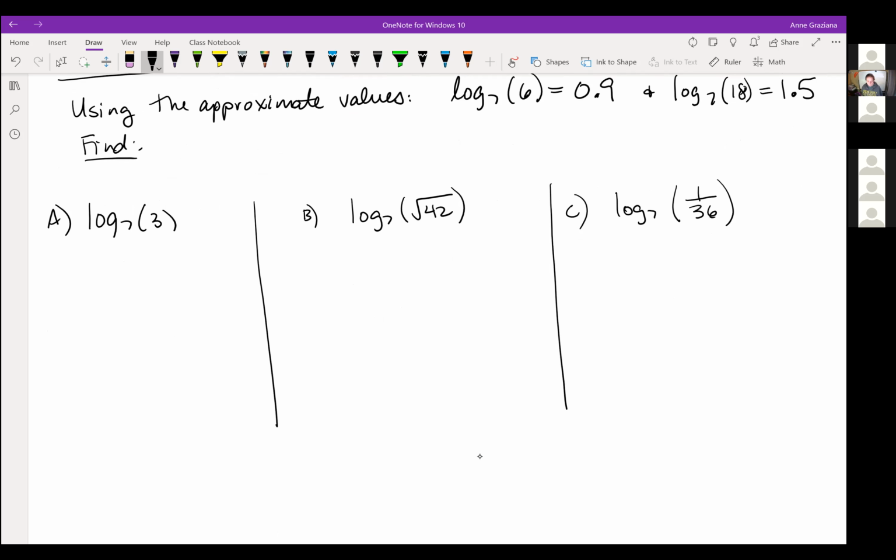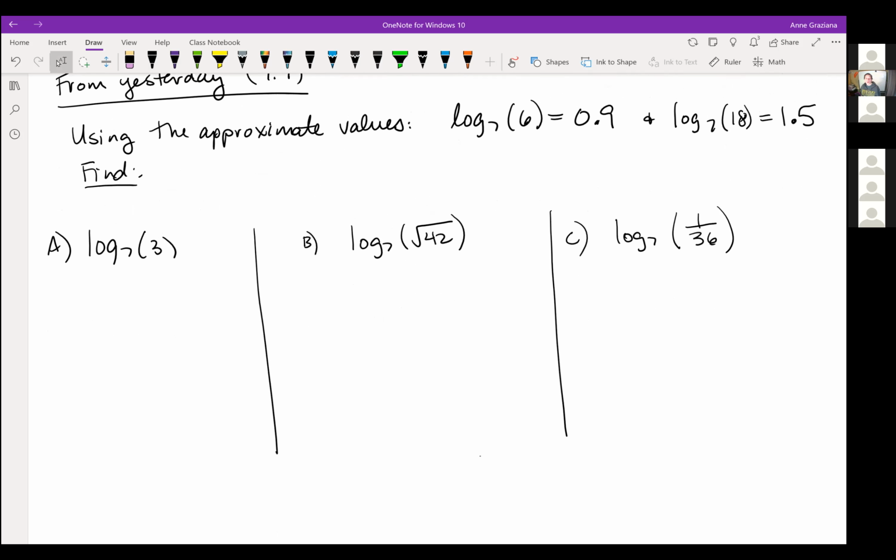The first thing I want to note is that you cannot change 3, square root of 42, or 1 over 36. You cannot add numbers in or subtract numbers out or just multiply by something. The only thing you have in your bag of tools here is to rewrite the number.